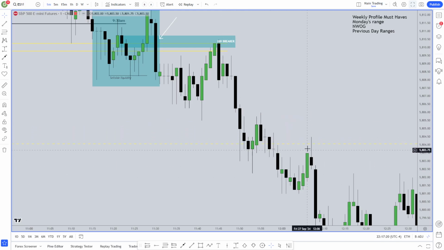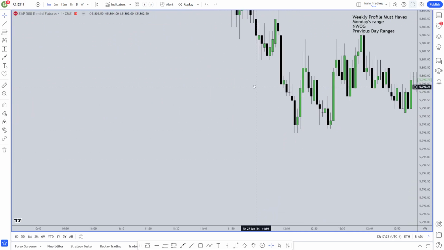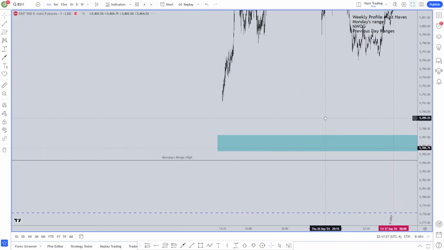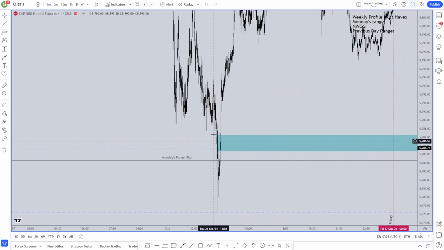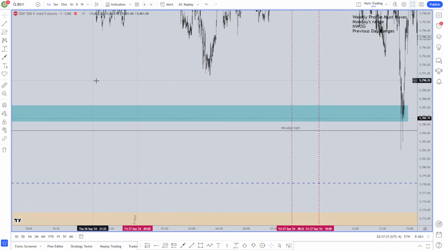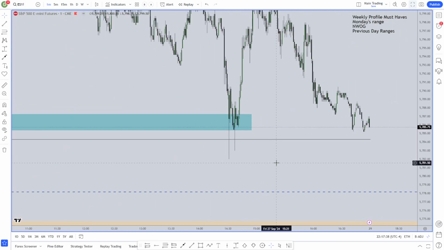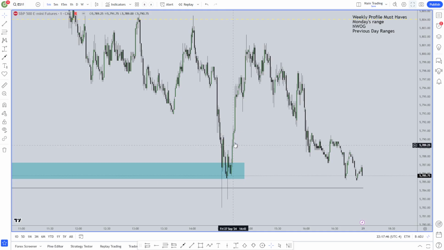We sweep it, we revisit it, and what we're aiming for is that old level that failed to get filled on the flip from Yellen's speech, again around Monday's range high, and then of course the Monday range high itself. So once price gets back to that level, sweeps Monday's range high, we're not surprised to see some sort of bullish reaction, and then we filter for the rest of the day.